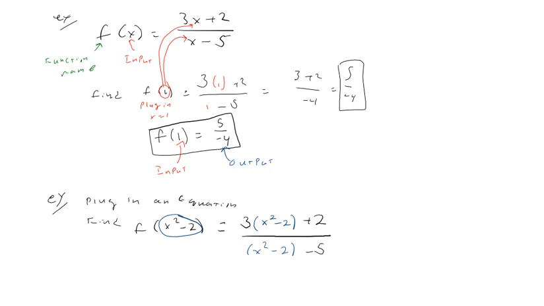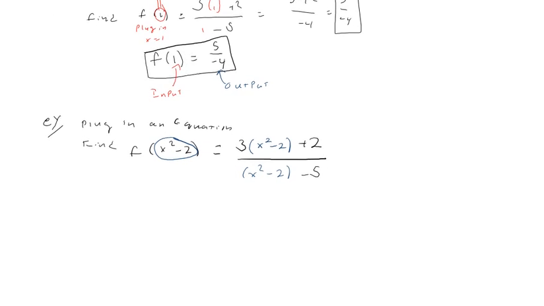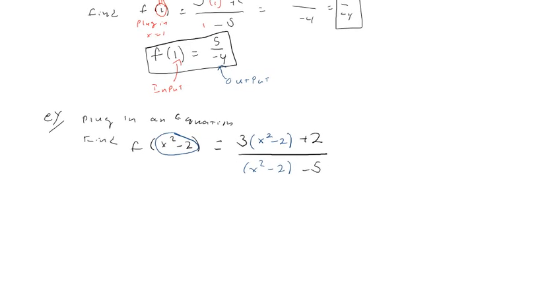Same function, same f. Now we're plugging in this more complicated thing, and we have this bigger equation, and we have to simplify. So I can, for example, distribute the 3.